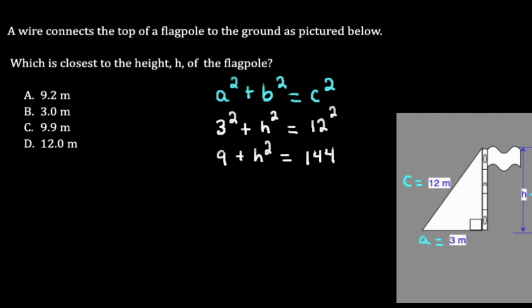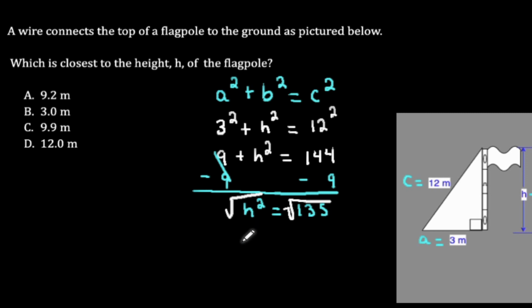Now I can remove the 9 on both sides so that we have h squared alone. The 9s cancel out, and 144 minus 9 is 135. Now we need to take the square root, because remember, we're looking for h, or the height. The opposite is taking the square root.